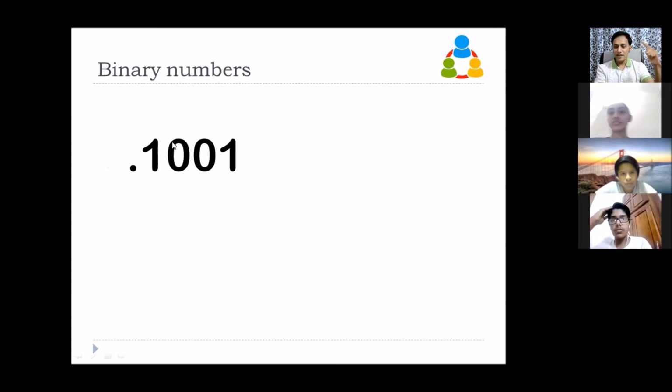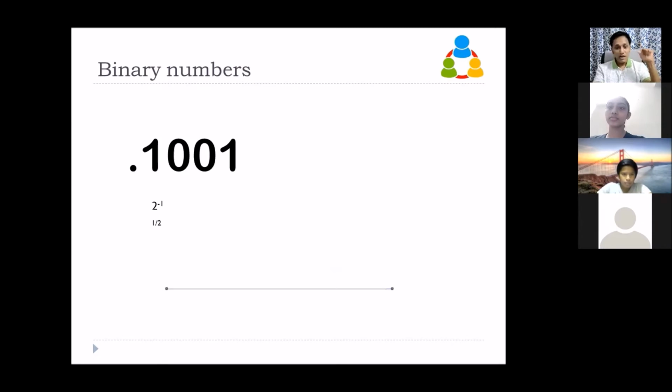Now let us find out where this will fall. Assume this is 0.11101. So what is the first position? 2 raised to minus 1, or 1 by 2. Before it was 1 by 10. Now it is 1 by 2. Assume this is 0, this is 1.